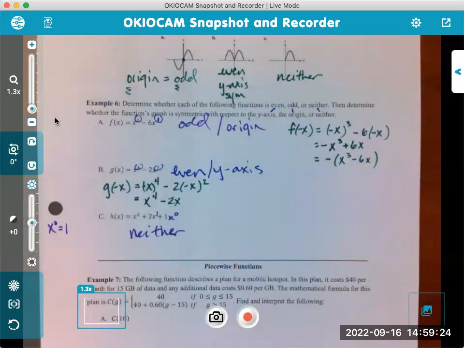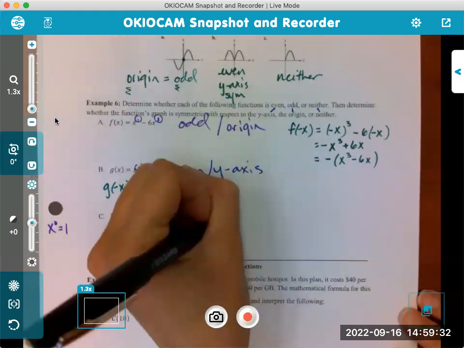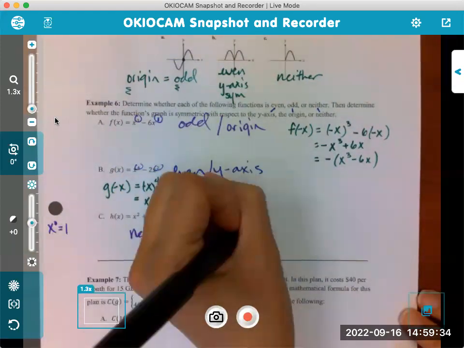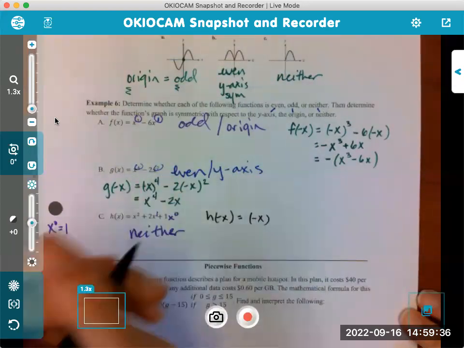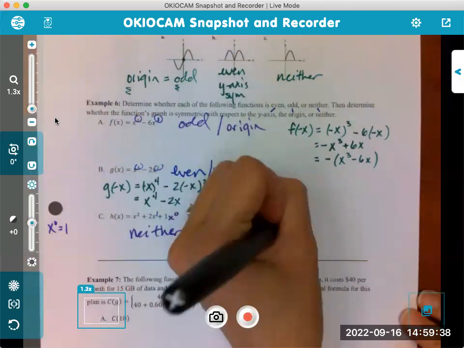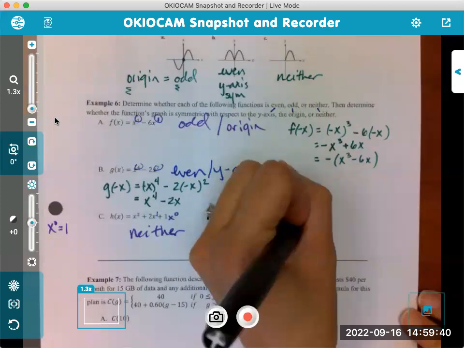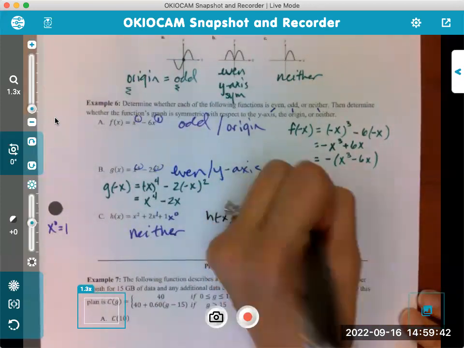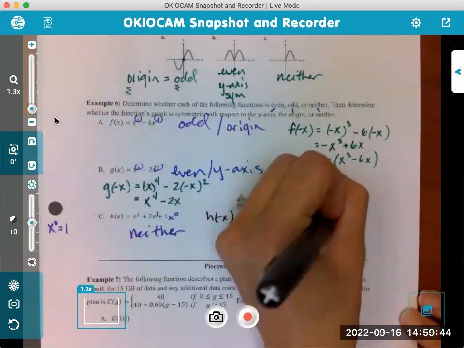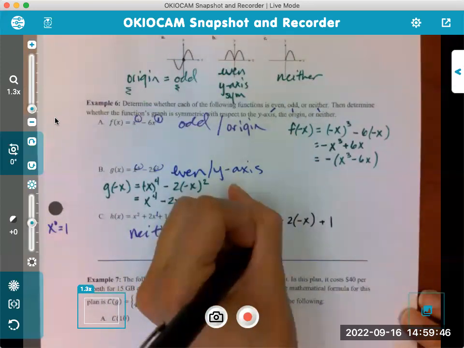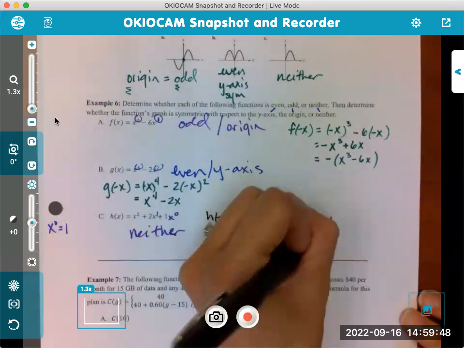And I want y'all to try C. So pause and then play when you're finished. So C, if we pop in that negative x, we'll see that there's a commingling of the sign changes. Some do, some don't, and that's not what we want. So that would be x squared minus 2x plus 1.